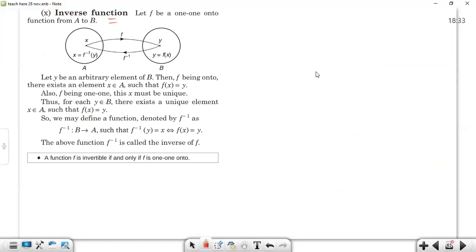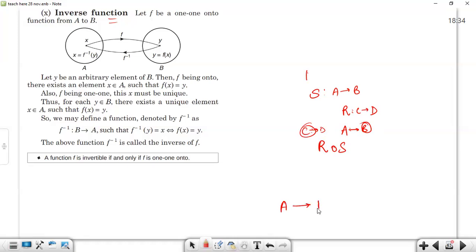Let's discuss inverse relation. When we were discussing inverse relations and composition of relations, we said that if S is a relation from A to B and R is a relation from C to D, then B and C have to be equal. Same goes here also.